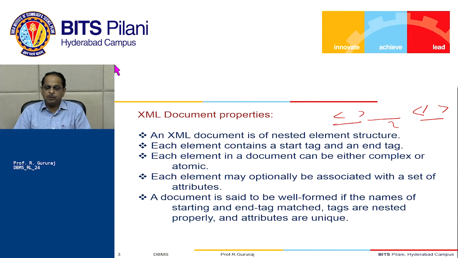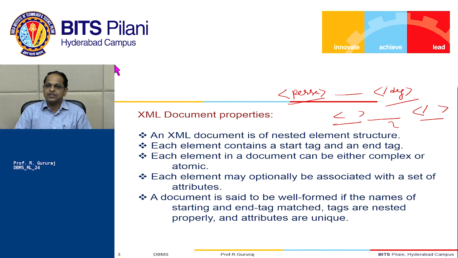There is a notion called a well formed XML document. We call an XML document well formed if the names of the starting and end tags match. Okay, so the starting and end tag should match. Suppose I say that the starting tag is person, and after the content the end tag is dog, then it is not matching.